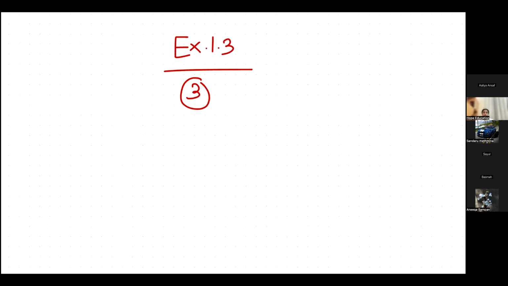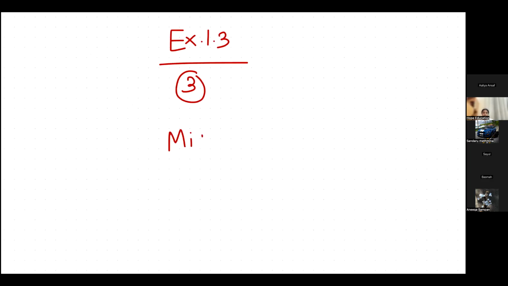Then in the miscellaneous exercise, the miscellaneous exercise is the exercise that is after exercise 1.3. It says Miscellaneous.